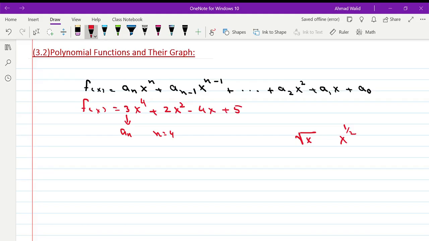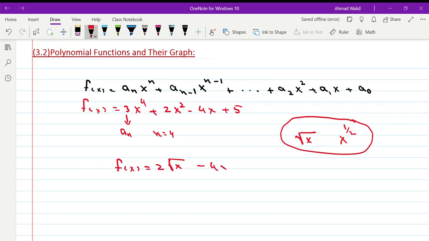But if you see these two in a function, you cannot call it polynomial. For example, f of x equals 2 radical x minus 4x squared plus 3. I cannot call this one a polynomial function.